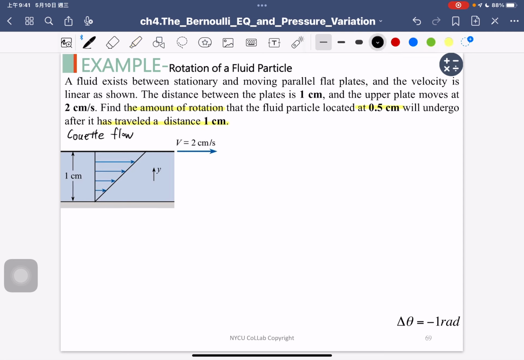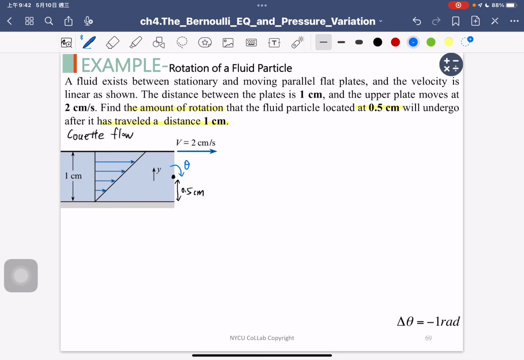Okay, so our major question is, if I pick out one point here, and the location is 0.5 centimeters, this is our point. And I don't know the rotation angle. I want to know the rotation angle here.